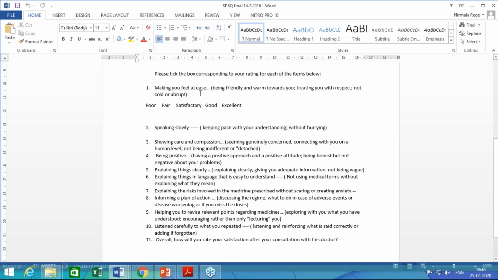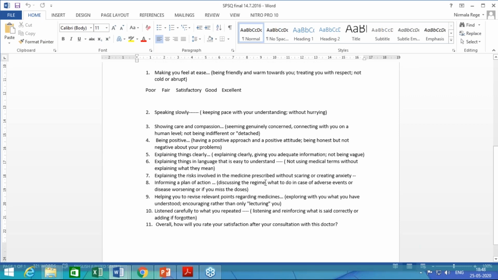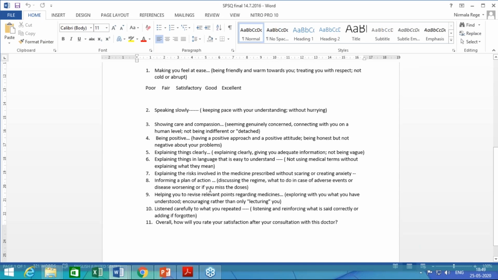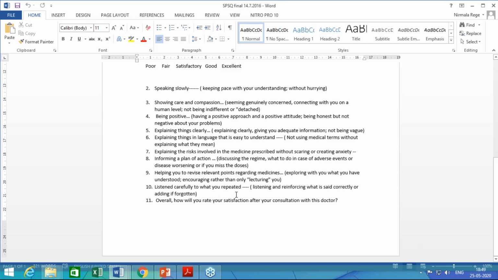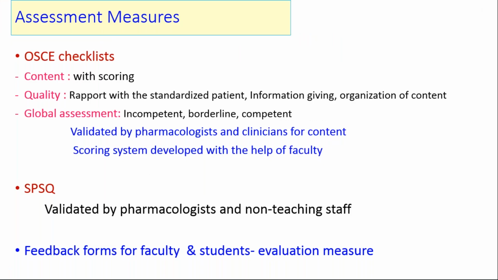So: making you feel at ease, speaking slowly, showing care and compassion, being positive, explaining things clearly, explaining in language easy to understand, explaining the risk involved in the medication without scaring or creating anxiety, informing the plan of action, helping you to revise relevant points, listening carefully to what you have repeated, and overall, how would you rate the satisfaction? With these particular skills, which the residents evaluated, we then conducted the OSCE for this.